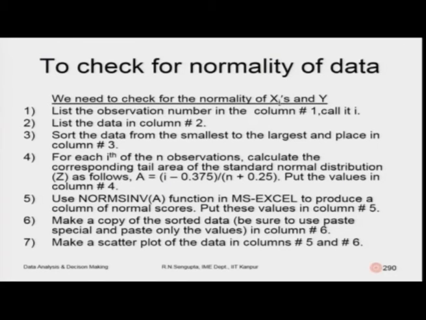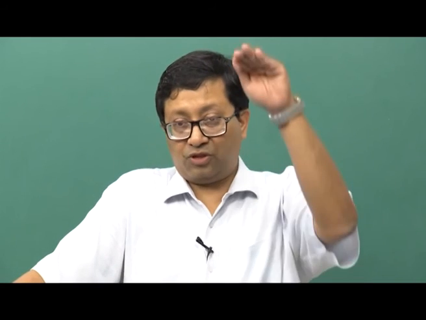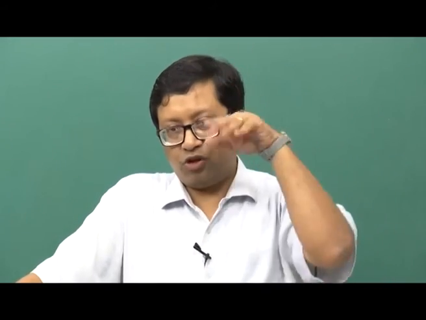So in column 1 you have the index number, the serial number, and in column 2 you have the data. Now, we will sort the data in column 2 and put it separately in column 3, from the smallest to the highest. That means you have ranked them.